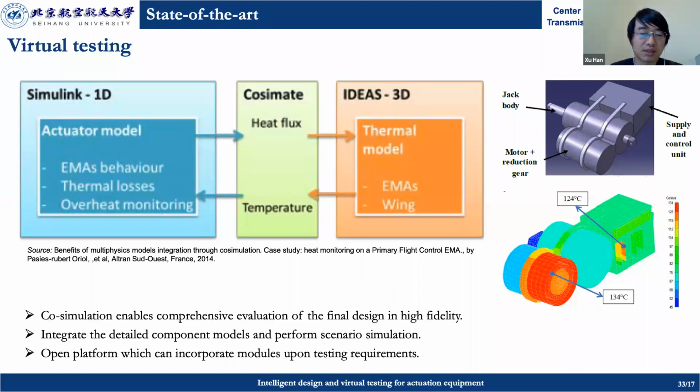Here we can see a thermal virtual testing of the electromagnetic actuator. The power performance and also control and thermal losses are included in a 1D Simulink model, and the temperature model is implemented in a 3D FEM model. Next slide, please.